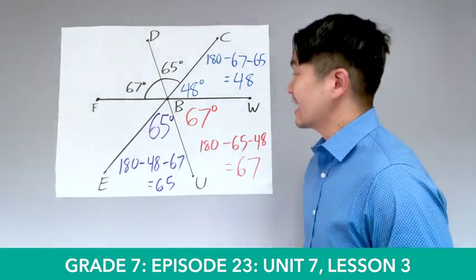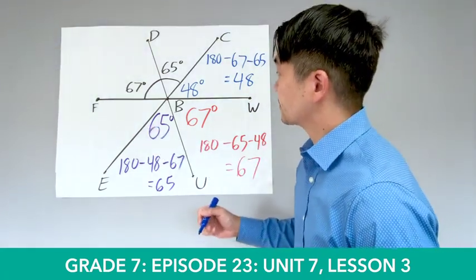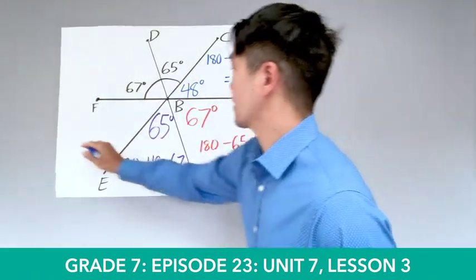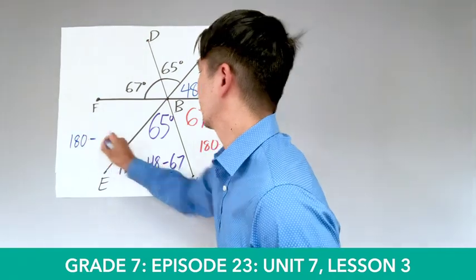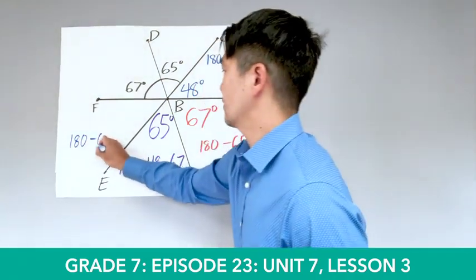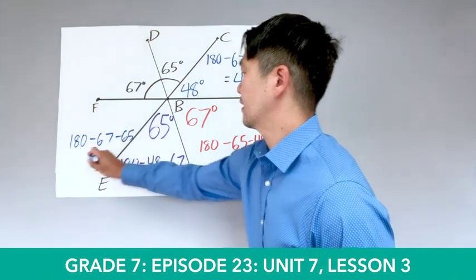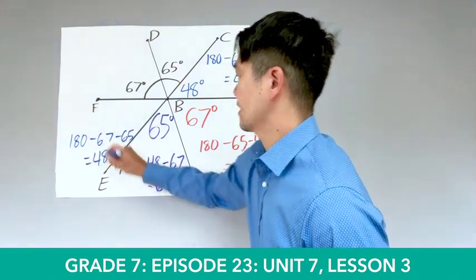And finally, this last angle, we're going to use, again, this straight angle right here and say, okay, this is 180 minus the 67 minus this 65, and that again gives me 48.